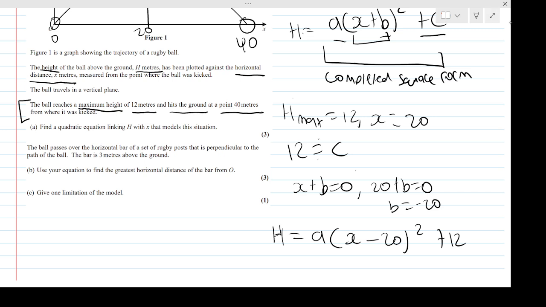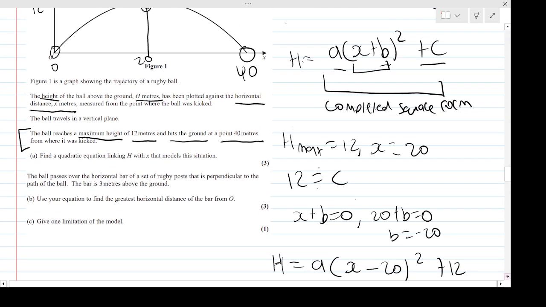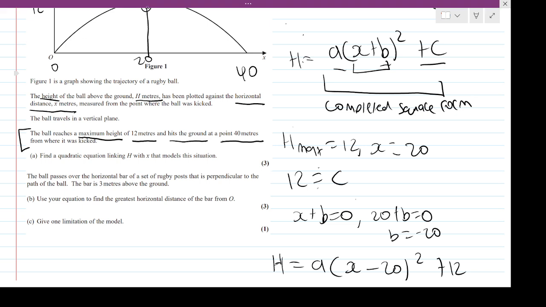Okay, but we need something to work out the a. But okay, let's think a bit more. We worked with the turning point, but the other idea then is to work with the other points that we know.